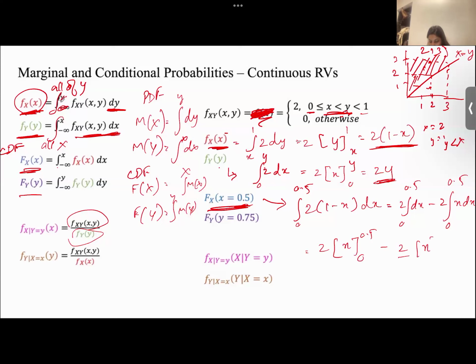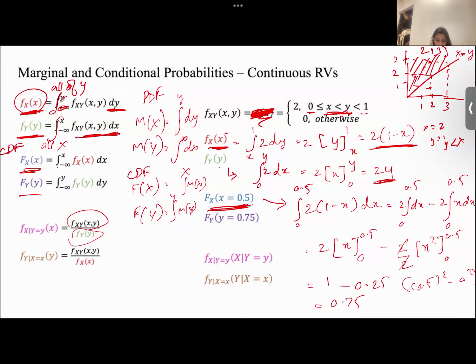So again, the 2 cancels, 0 to 0.5. Now substituting this, you'll have 2 into 0.5, which is basically 1, minus x squared. So 0.5 squared minus 0 squared. 0.5 squared is 0.25. So you'll have 1 minus 0.25. So your answer for this is 0.75.